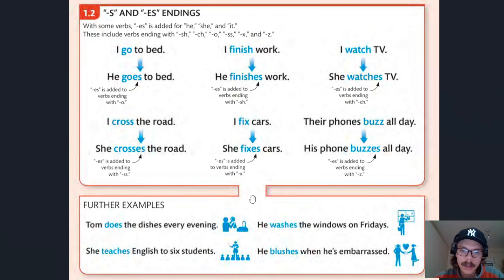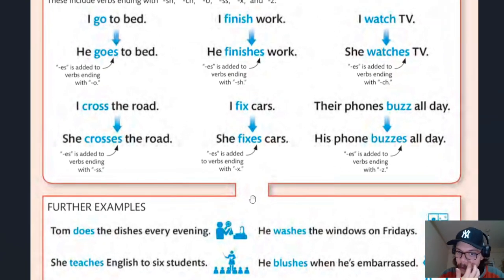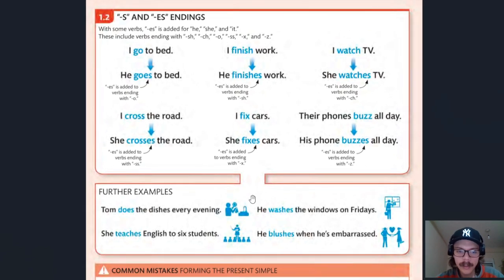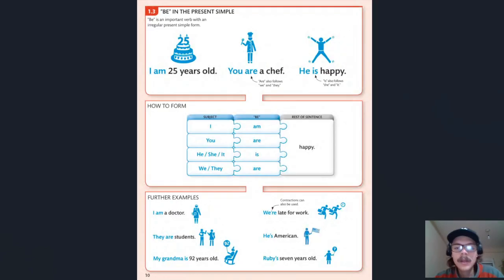Okay? That's an important rule to know for writing, because of course it'll affect how you write the word. But again, as you notice, it doesn't really affect the pronunciation. It's just something to keep in mind. Now let's move on to the next page.